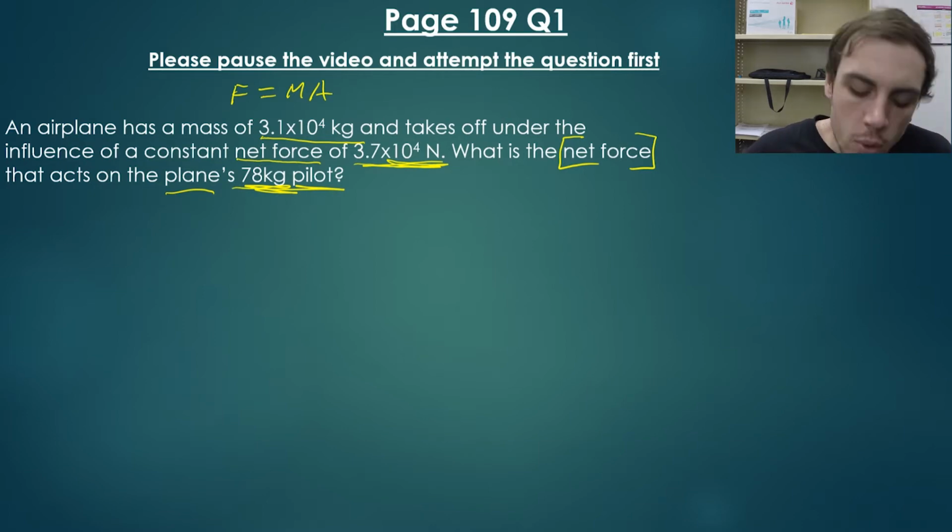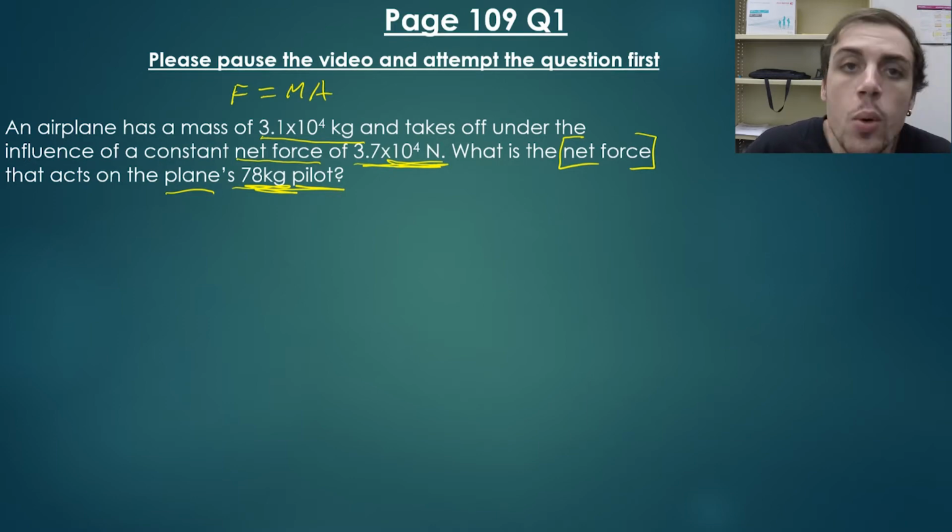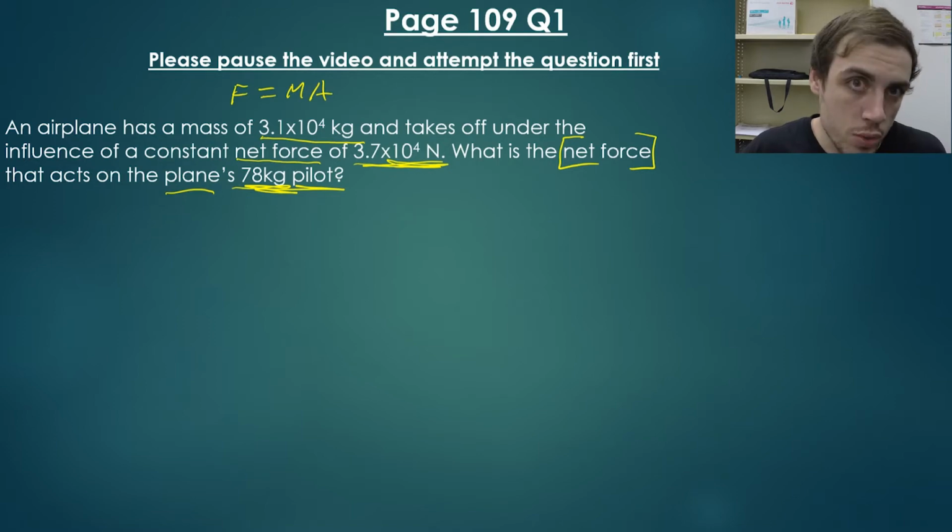Because force is proportional to mass, we need to look at the acceleration, because the acceleration of the aeroplane and the acceleration of the pilot will be the same. The only things that are changing are the mass of the two, the plane's a bit heavier, and the amount of force, because they're proportional.